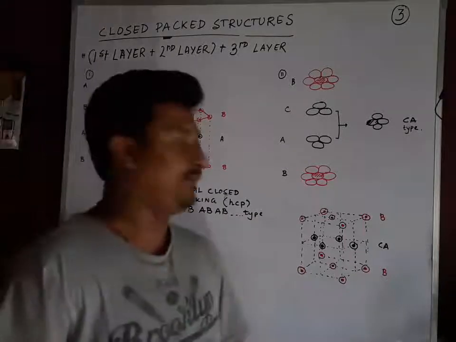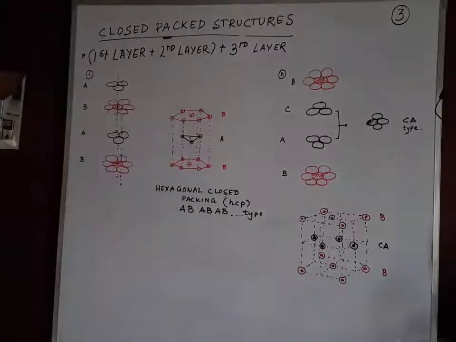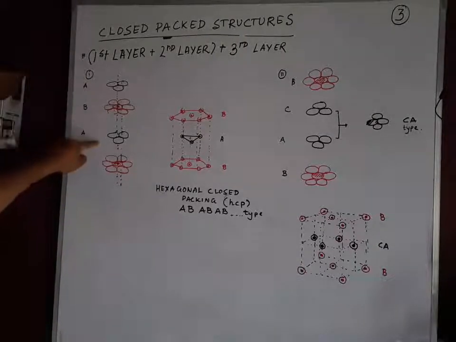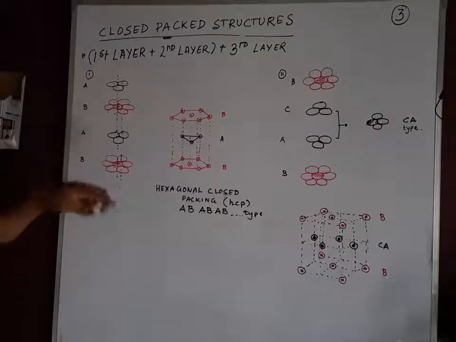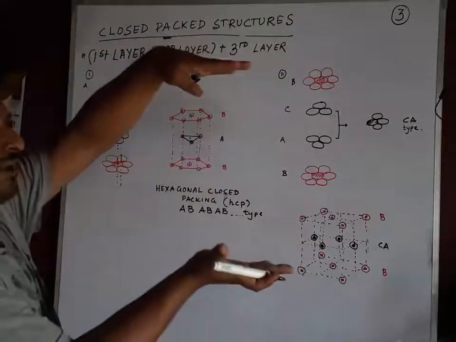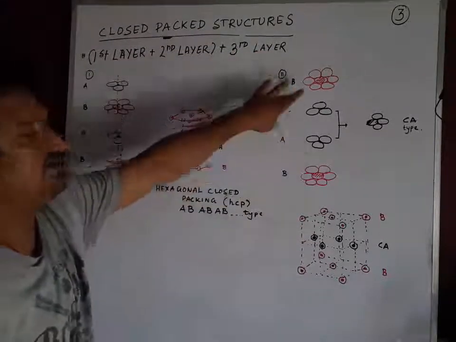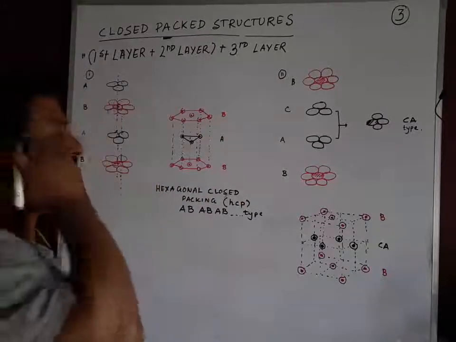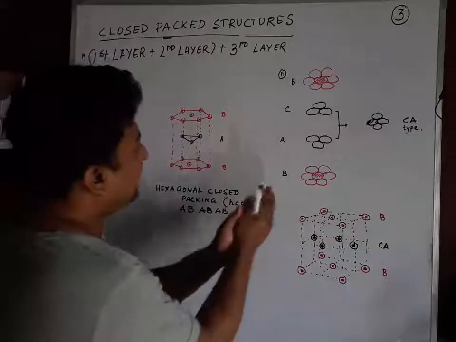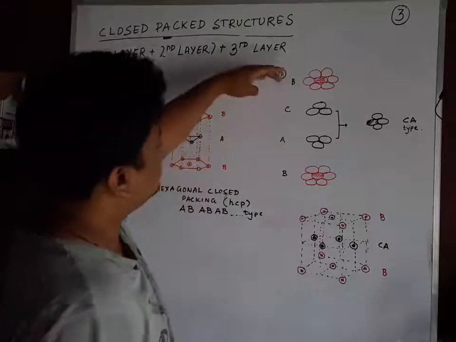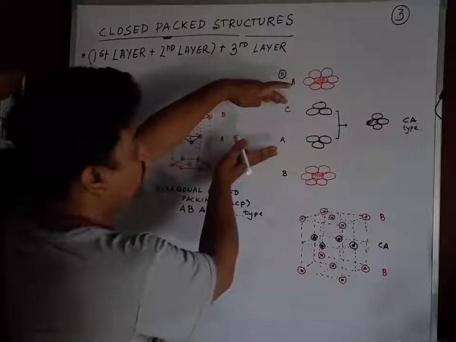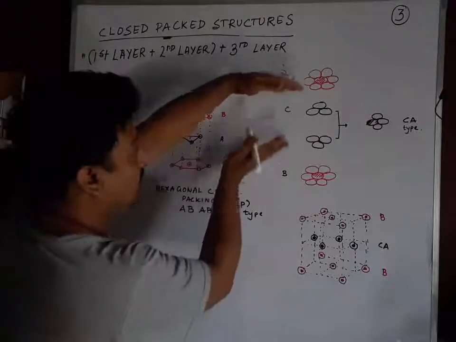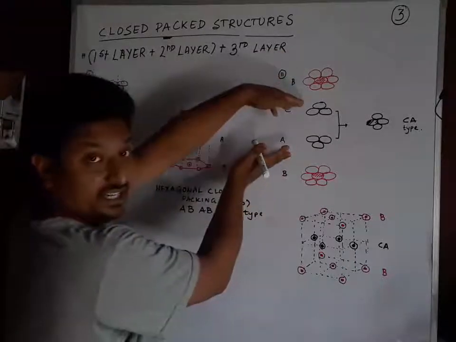Okay, so now what happens if the two tetrahedral voids are consecutive with each other? That also can happen, right? In the second case, this suggests that the octahedral voids are far and the tetrahedral voids are near to each other.